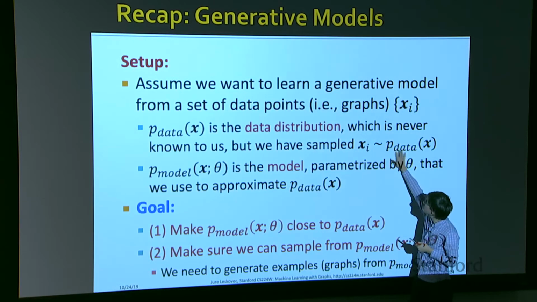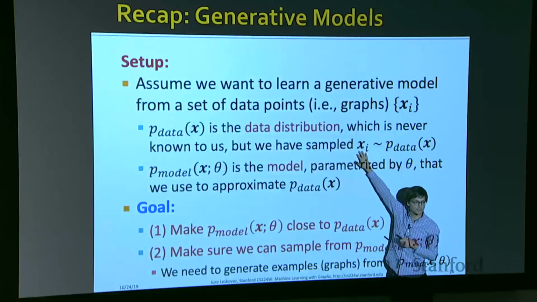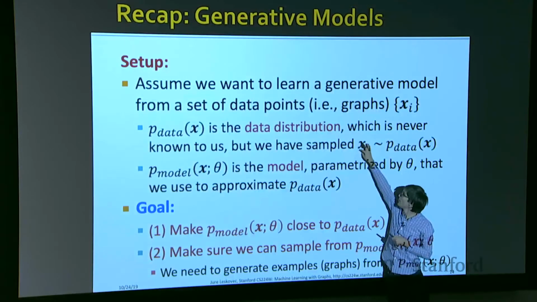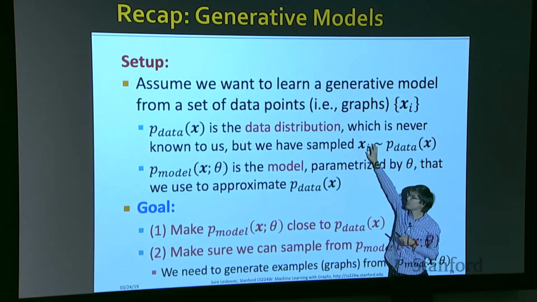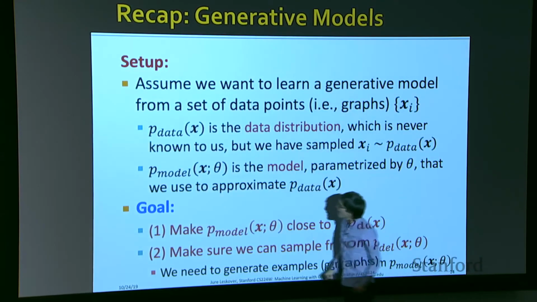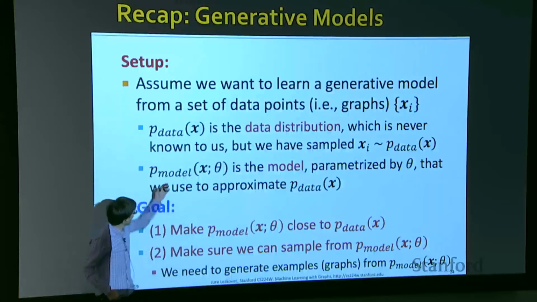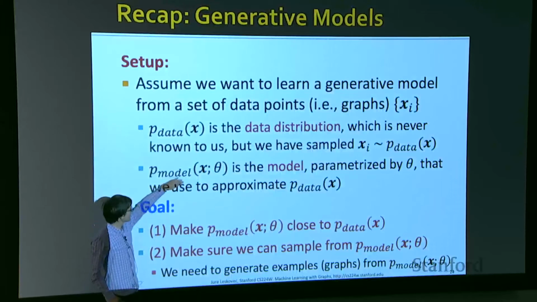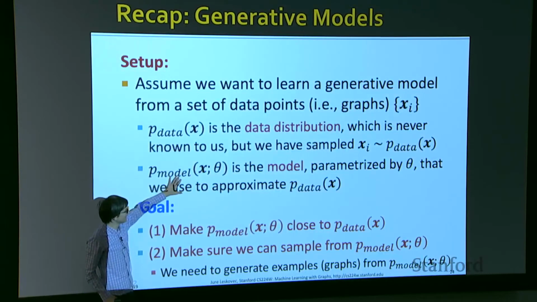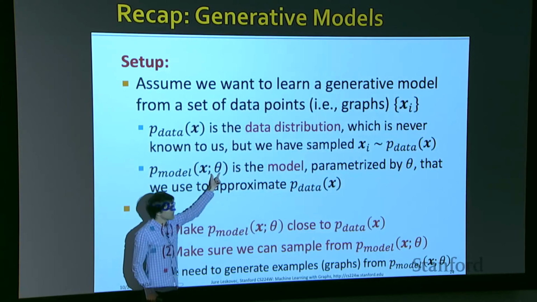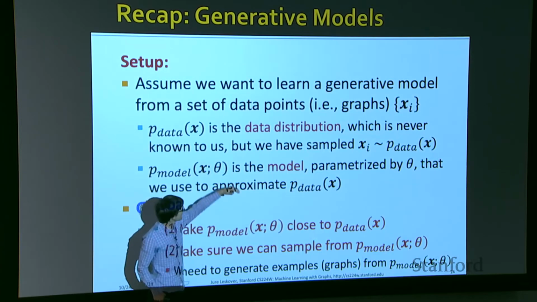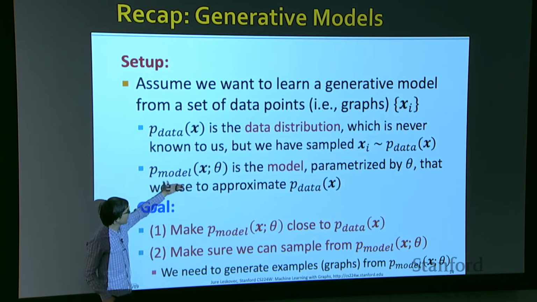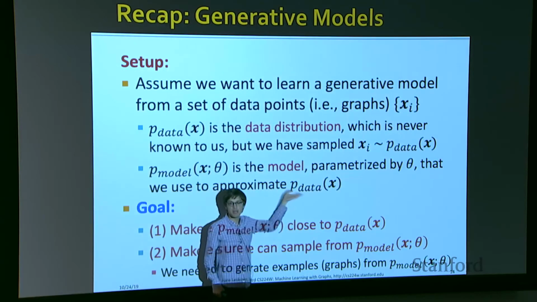And all we see is what nature reveals to us, some real molecules, real social networks, whatever we get to see here, right? And our goal will be to come up with this approximation, this P model, that will be parameterized by some parameters. And this P model, we want to use it to approximate this P data, right?